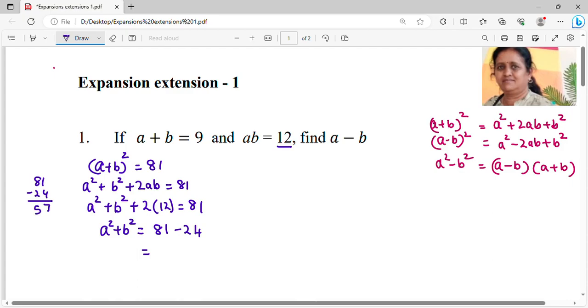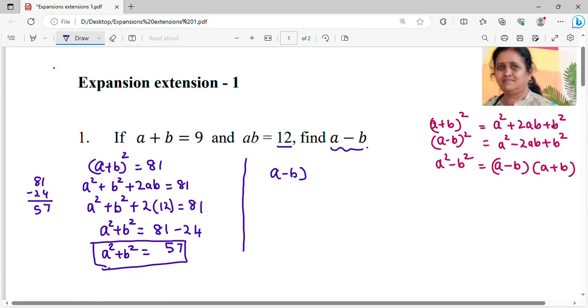Once you get this 57, let me keep this result, and I can use it to find what I need, that is a minus b. So I'm going to find out what is a minus b the whole square. So a minus b the whole square would be a squared plus b squared minus 2ab.